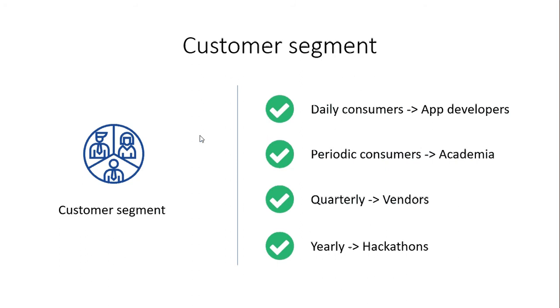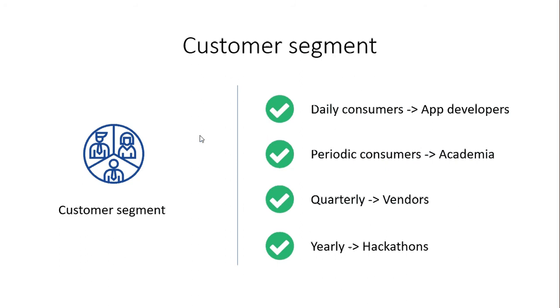And the other one is your vendors, where they consume data on a quarterly basis. The reason they consume on a quarterly basis is they want to make sure that the data quality published is a lot more valuable to them, and they also need some time to do their quality assurance checks in their backend so that they can ingest the data from your open data portal.